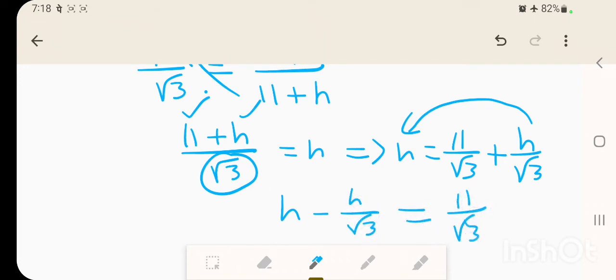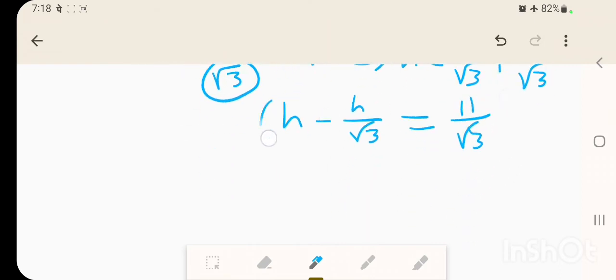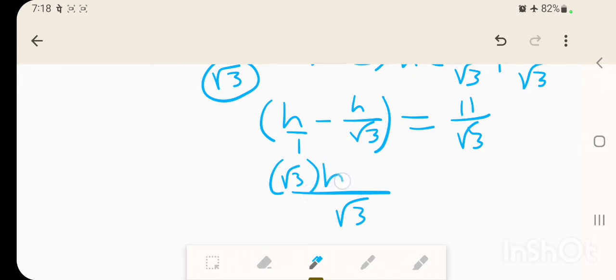Now on the LHS we have H minus H by root 3, and we can take the LCM as root 3. Root 3 is the LCM, and H by 1 becomes root 3 into H, minus, for the second one, root 3 divided by root 3 is 1 into H, is equal to 11 by root 3.